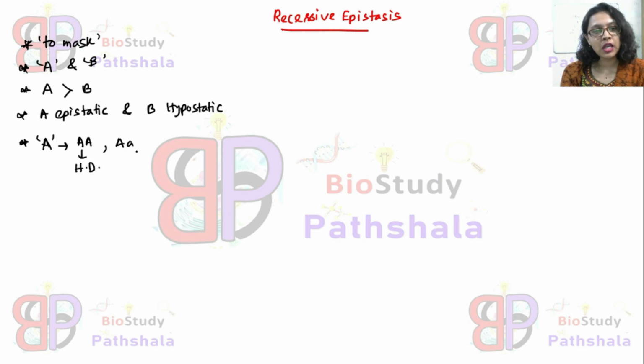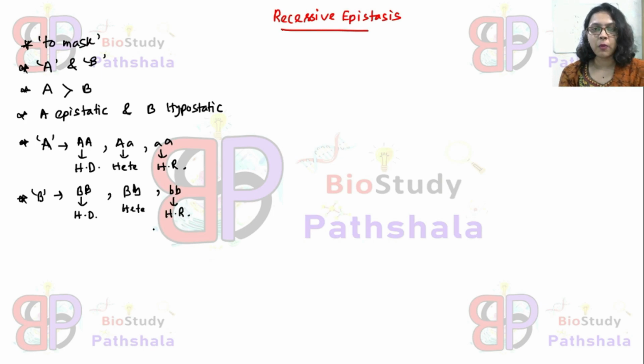Next is capital A small a, that is the heterozygous form. Next is small a small a, that is the homozygous recessive form. The B gene will be the same: capital B capital B is the homozygous dominant form, capital B small b is the heterozygous form, and small b small b is the homozygous recessive form.